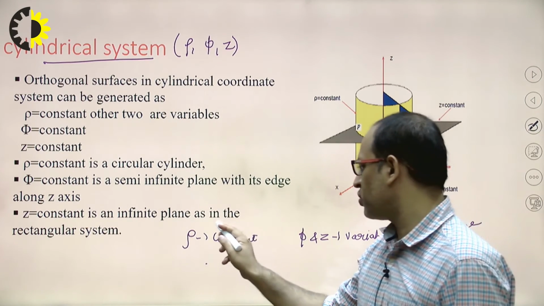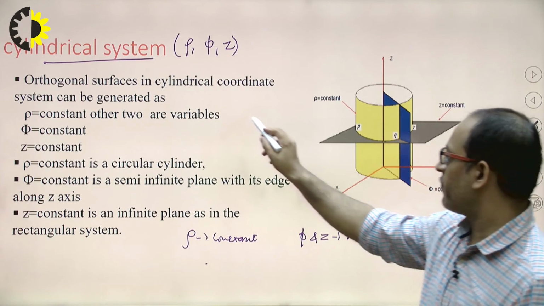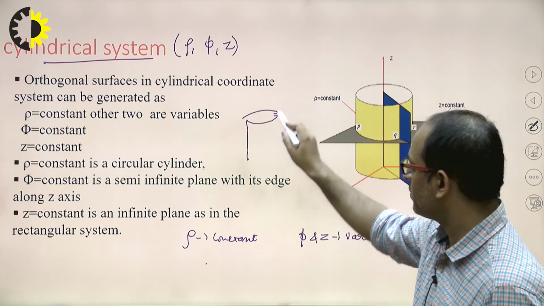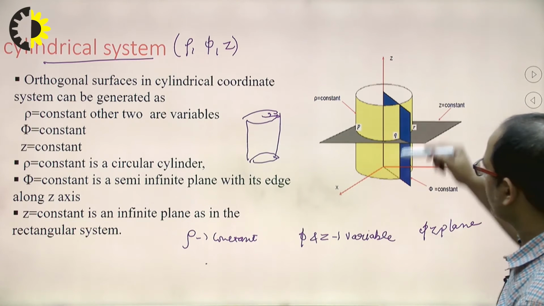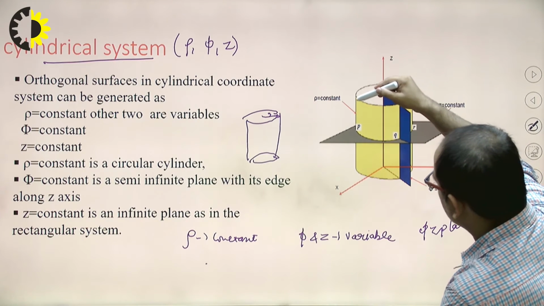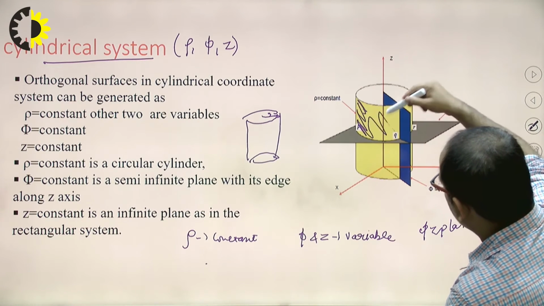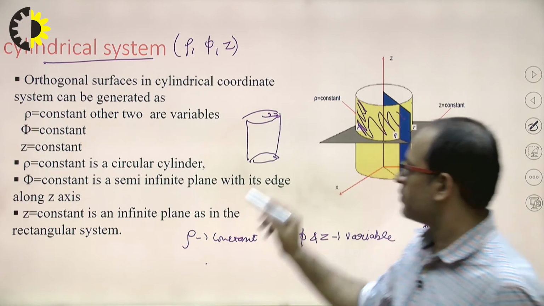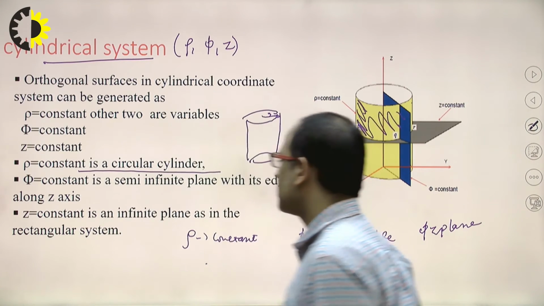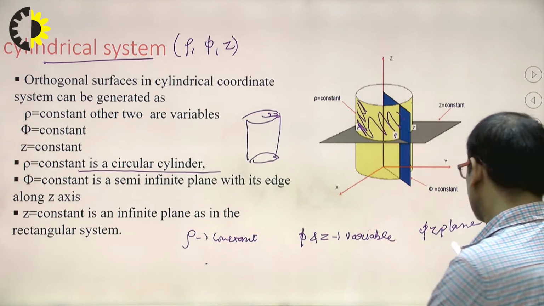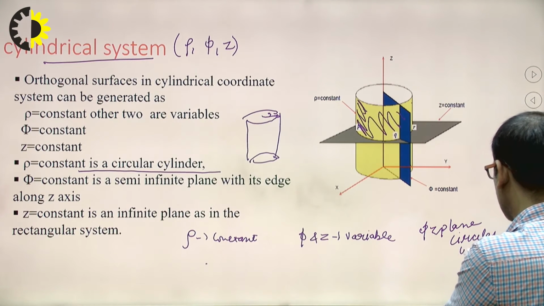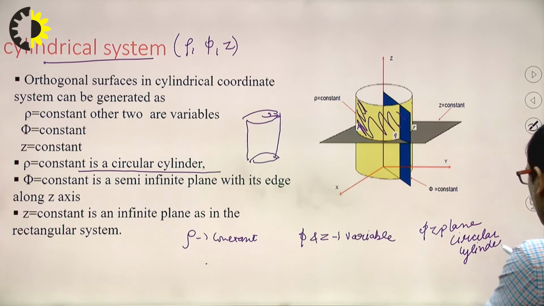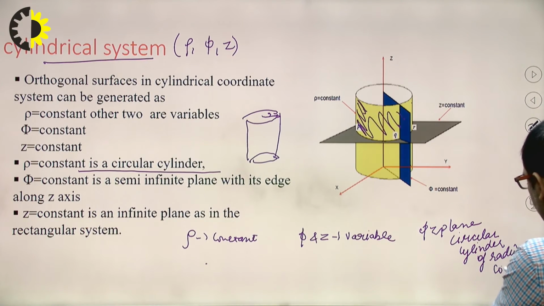Because if I say rho equal to 3, a cylinder will be formed. Rho equal to 3 and phi and z are the variables, so we will see that this cylinder will be formed. Clear? A circular cylinder of constant radius will be formed.